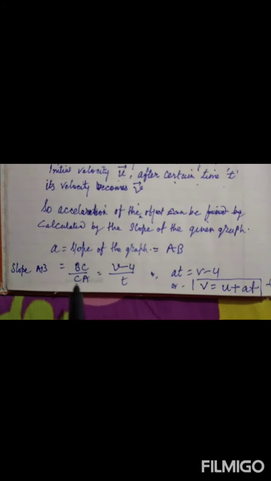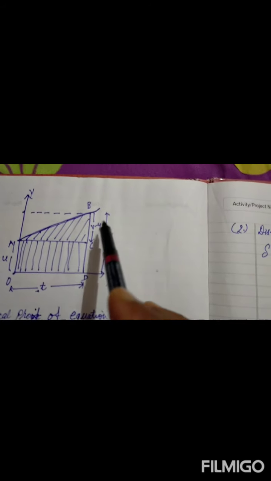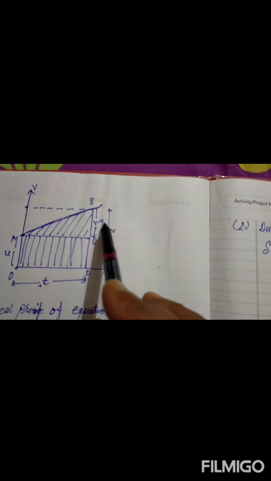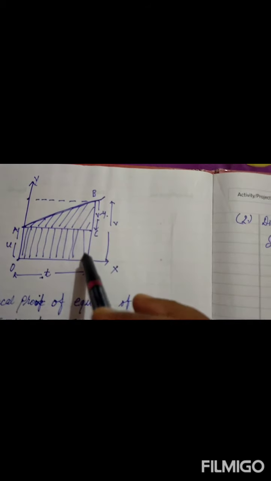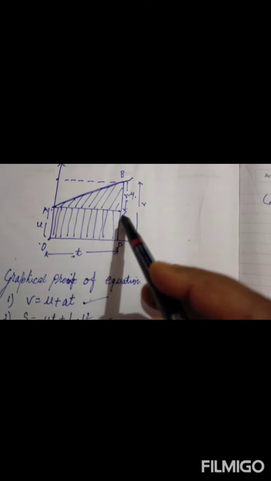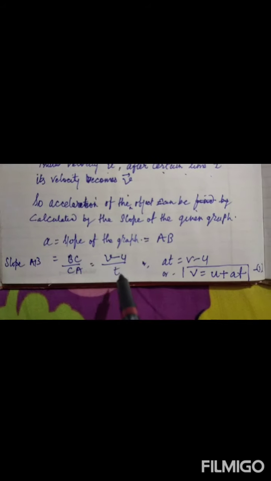So slope AB equals BC by CA from the graph, and we know the value of BC is v minus u, because this is v and this is u. So BC is v minus u and CA is t. So the acceleration, the slope of the graph, becomes v minus u by t. So at equals v minus u, or v equals u plus at. This is the proof of the first equation.